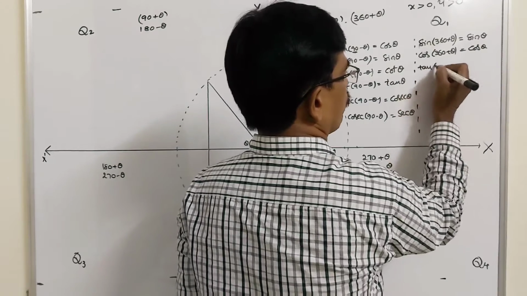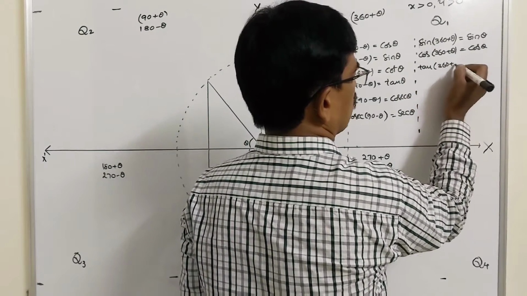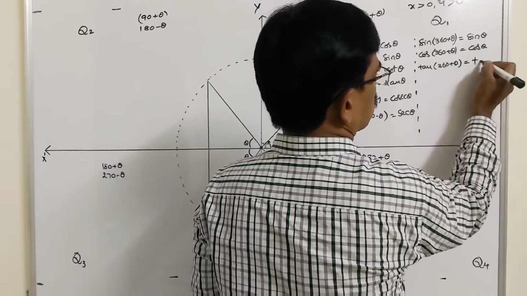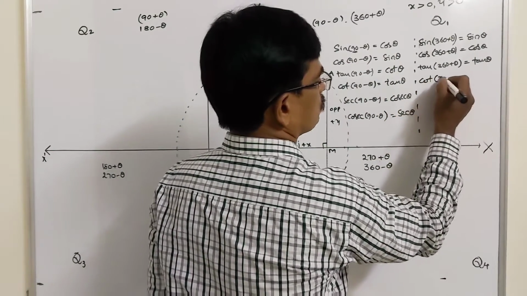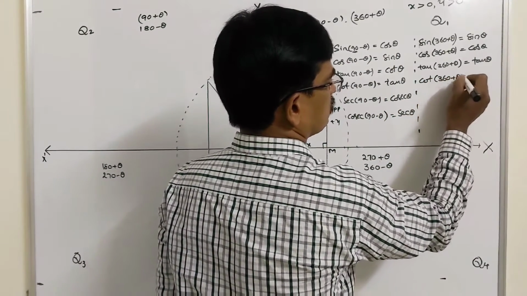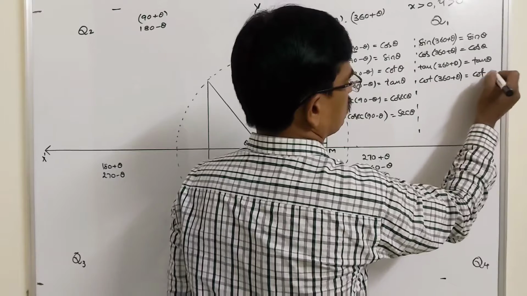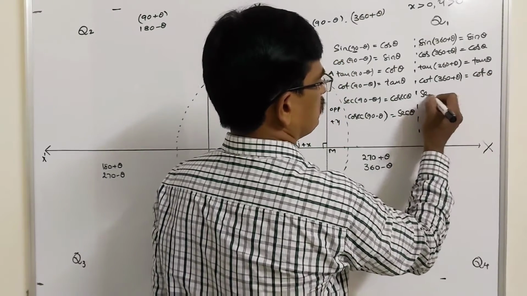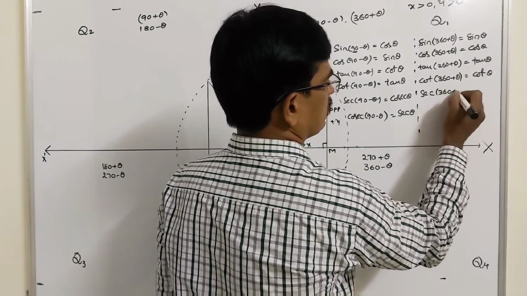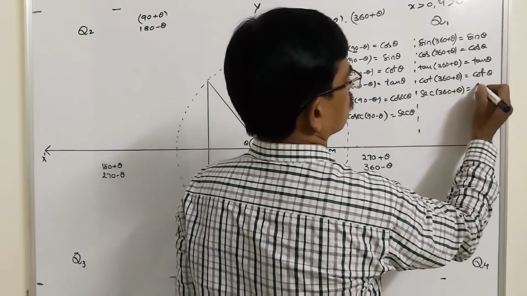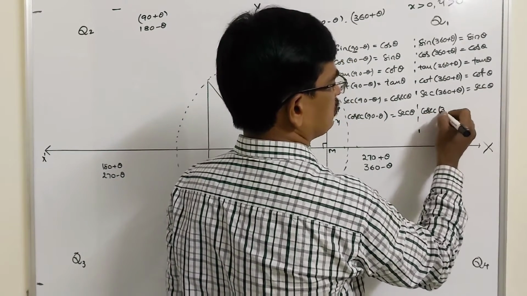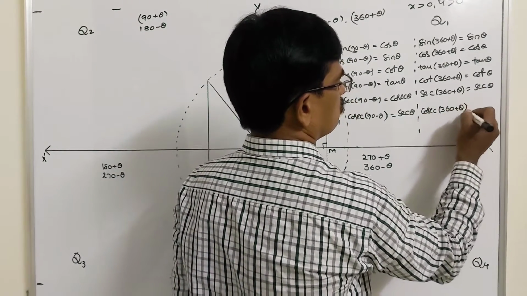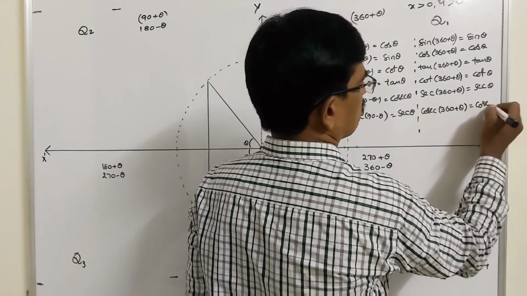Tan of 360 plus theta becomes tan theta. Cot of 360 plus theta becomes cot theta only. Secant of 360 plus theta is equal to secant theta. Cosecant of 360 plus theta is equal to cosecant theta.